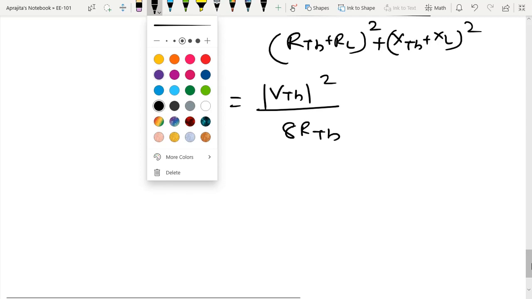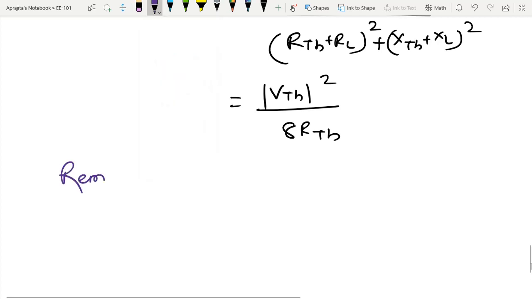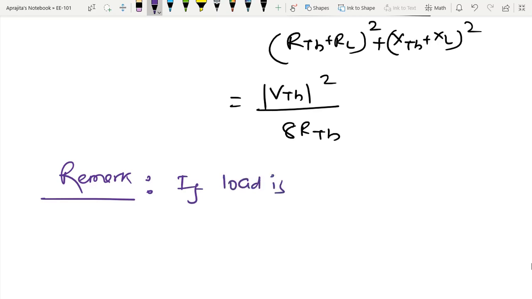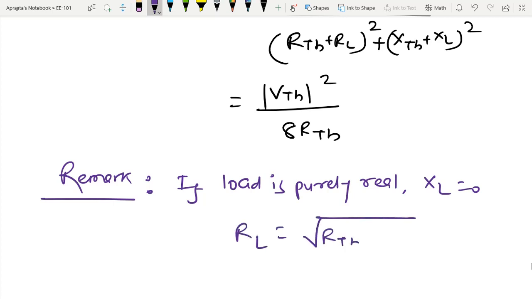The remark is like this: if the load is purely real, then XL equal to 0. So it is possible to show that RL equal to root under RTH square plus XTH square.